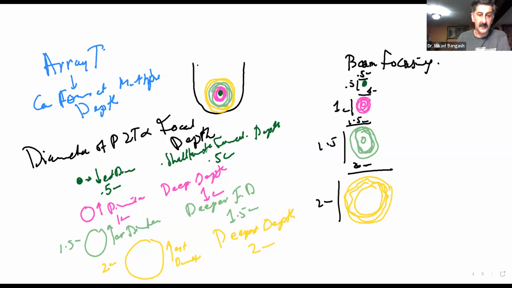Now, girls, these numbers I just made up. But the whole point is, don't come to me in a test and say, Mike, you told us that if the PCT was 0.5 centimeter, it was going to focus at a depth of 1.5 centimeter, or that because the PCT was 1 centimeter tall and wide, it was going to focus at a depth of 1 centimeter.